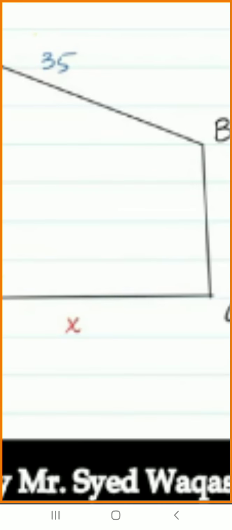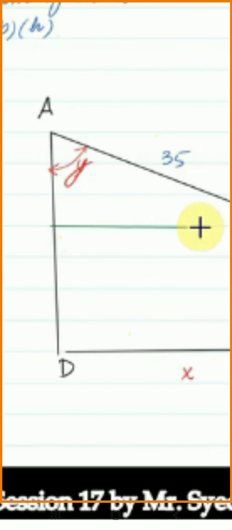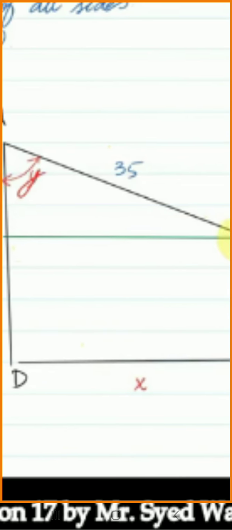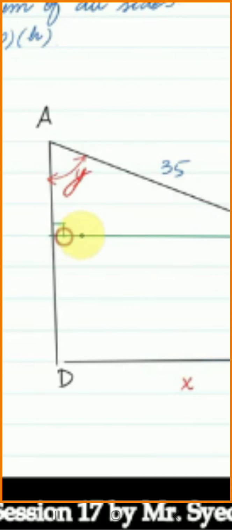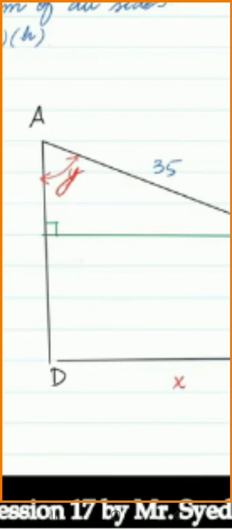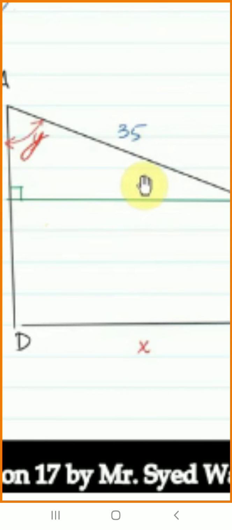Before starting, I'm going to draw a line here. Can you tell me why we need this line? Because if we didn't draw it, we don't have a right angle triangle. By drawing it, I got a right angle triangle, and now we can apply trigonometry.